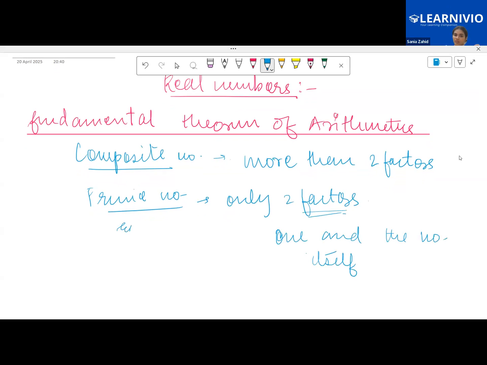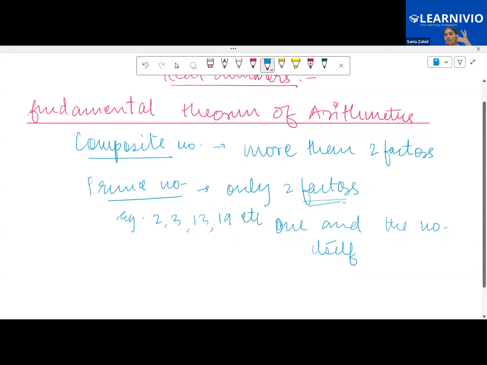For example, you have 2, 3, 13, 19, etc. These are all prime numbers. So what are the factors of 2? 1 and 2. 3: 1 and 3. 13: 1 and 13. 19: 1 and 19. So prime numbers have only 2 factors, out of which one of the factors is 1 and the other factor is the number itself.